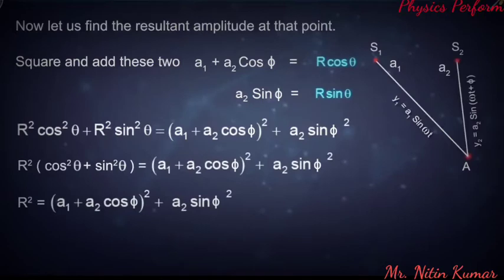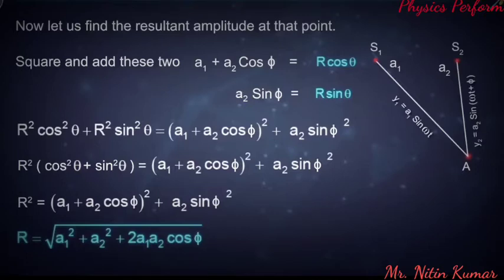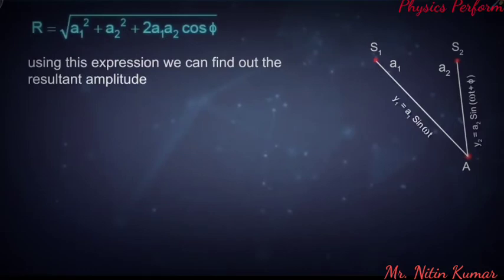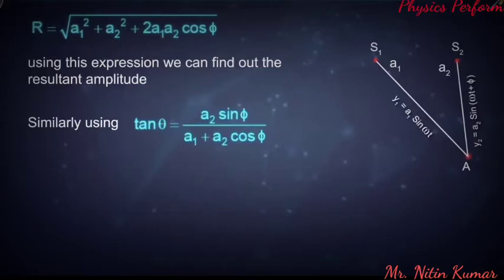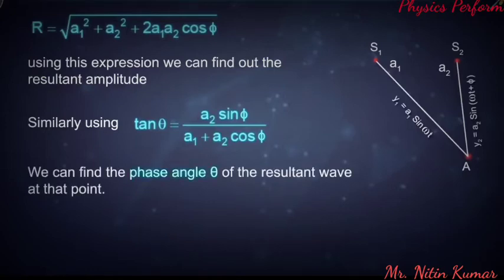After simplification, we get R = square root of (A1² + A2² + 2A1A2 cos φ). Now, using this expression, we can find out the resultant amplitude. Similarly, using the formula tan θ = A2 sin φ / (A1 + A2 cos φ), we can find out the phase angle θ of the resultant wave at that point.